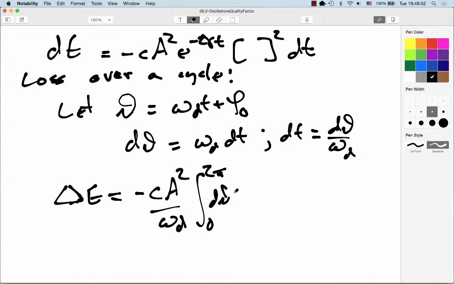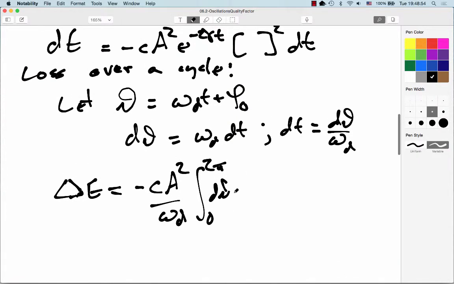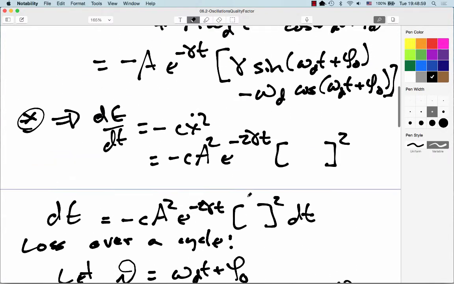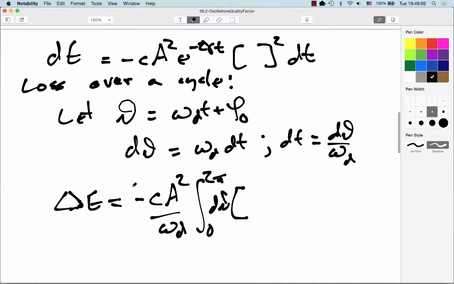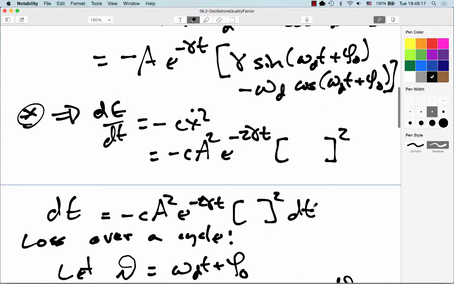And now I kind of got to lump it and actually take the square, so just bear with me here. So the first term in there is going to give me a gamma squared sine squared of theta because of our change of variables. And then the cross term, we're going to get a minus 2 gamma omega_d times sine theta cosine theta.